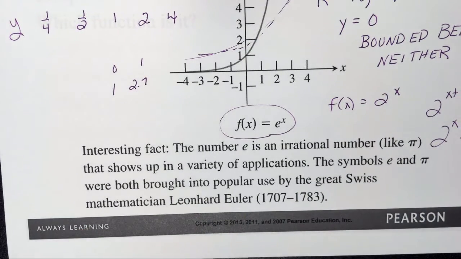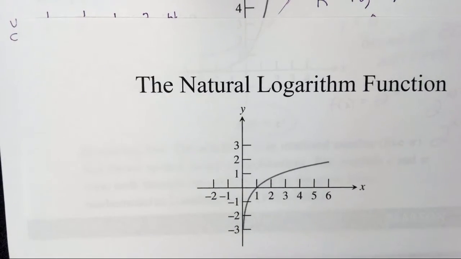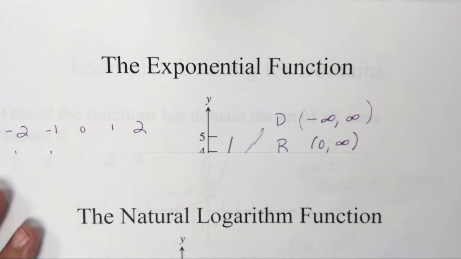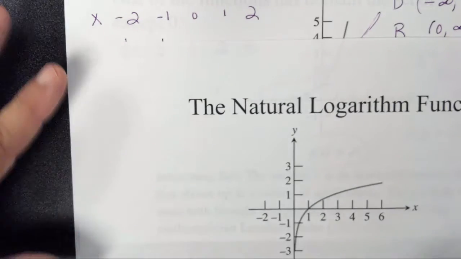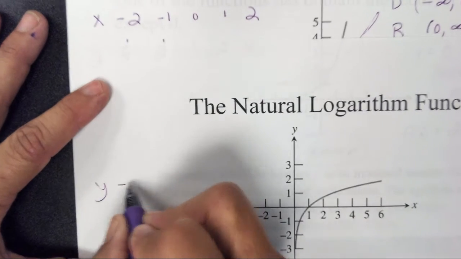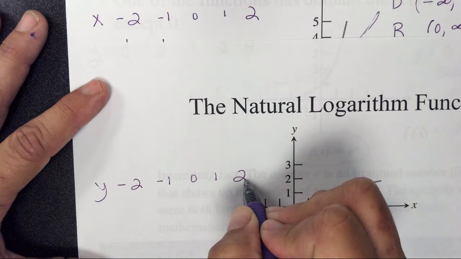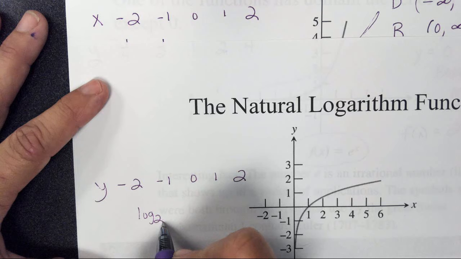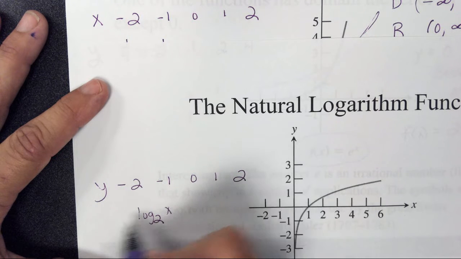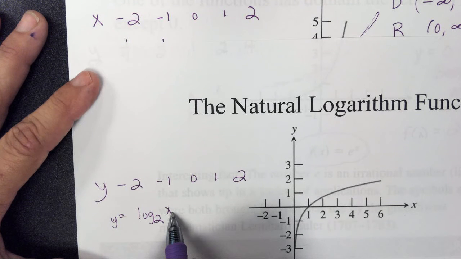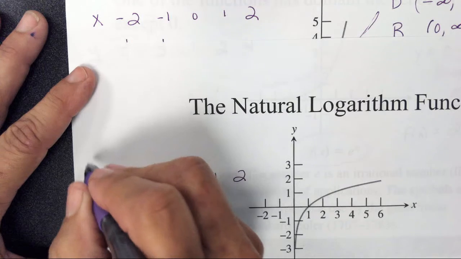Now, natural log. Remember, exponential and log are what of each other? Inverses. So what did we do to build our log? We let y be what? -2, -1, 0, 1, and 2. And then if I did log base 2, because of the nature of log, didn't that mean 2 to the y power equaled x? So you're doing the same thing, 2 to that power, but you're building it upside down.